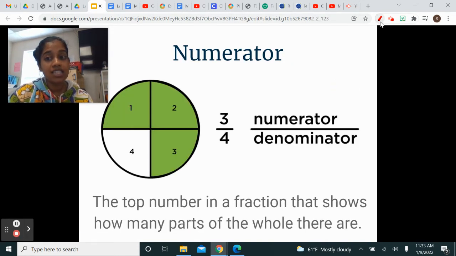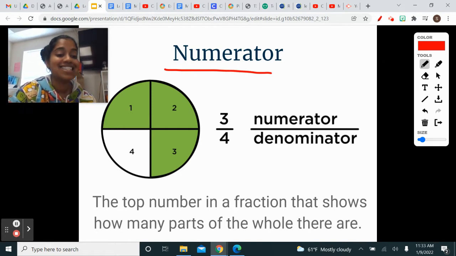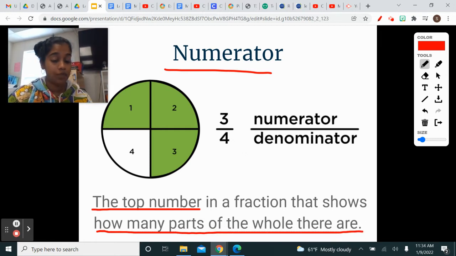Our new word for today is numerator. A numerator is the top number in a fraction that shows how many parts of the whole there are. Our denominator tells us how many parts our whole is being cut into. So the denominator says that we have 4 equal pieces. Our numerator is our top number.